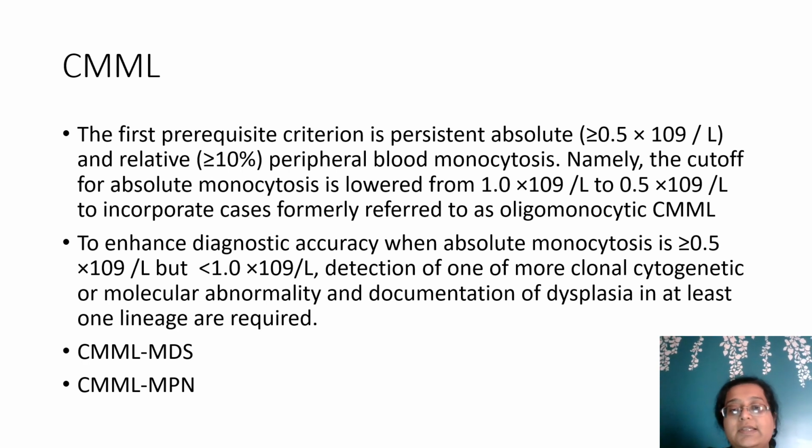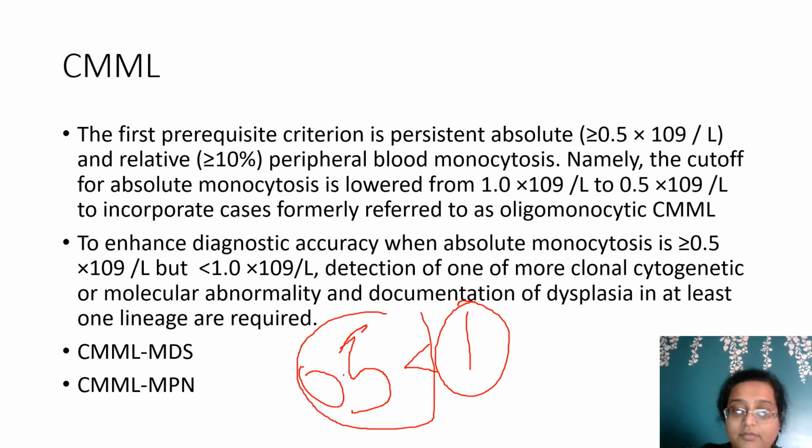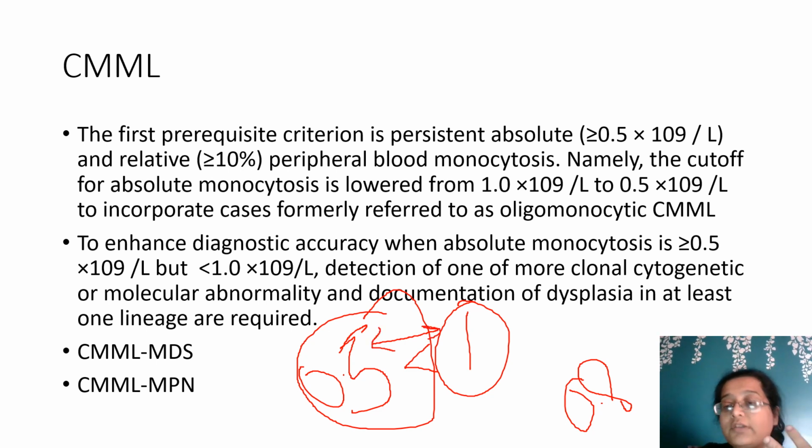What it means to say is that I have reduced the count from 1 to 0.5. Clear? But this is not enough, because there are reactive conditions where you might get monocytosis of this number or this number or 0.8 also. Fine, I'm just giving random numbers. So especially for monocytosis in this range, 0.5 to 1, we also have to prove that this is clonal monocytosis, not polyclonal.